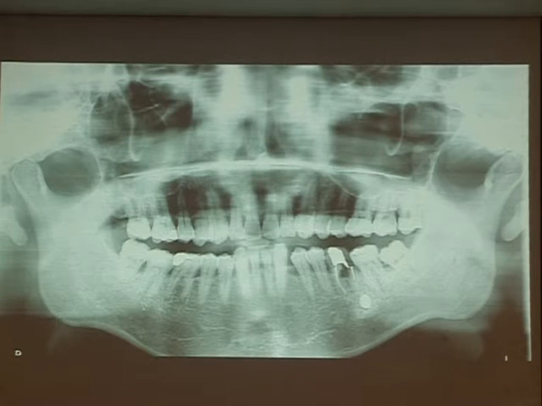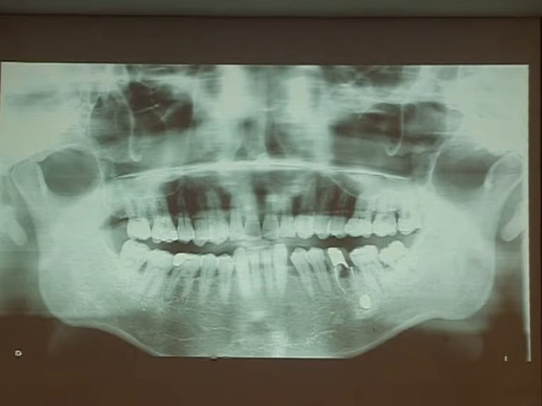I always take an OPG. Okay, so this is one of my friends. He came to me with a fractured tooth, to see whether I can save this one. So I take an OPG and I see something here. Okay, so quickly we look at the patient as a clinical check. Okay, what happened? Okay, does everyone know what this is?